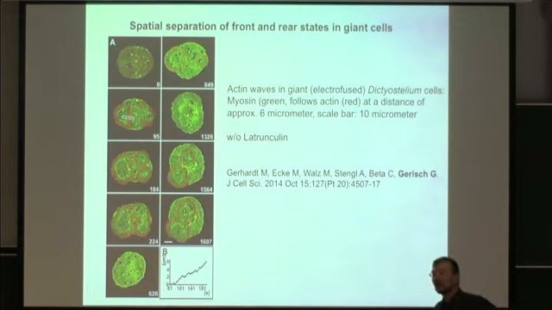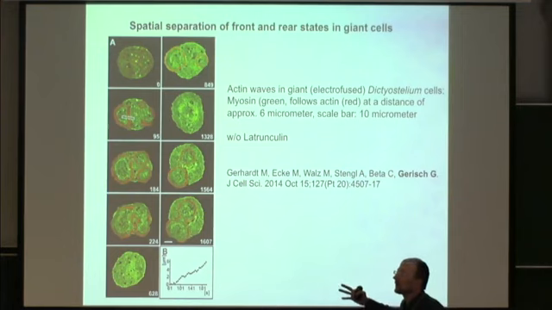It's only because you change the spatial dimension of your system that you're now able to see that there are not only the components of a cell front found in that wave, but after that wave has passed, similarly the components responsible for forming the cell back are recruited.